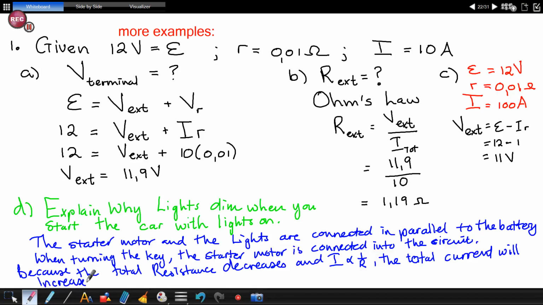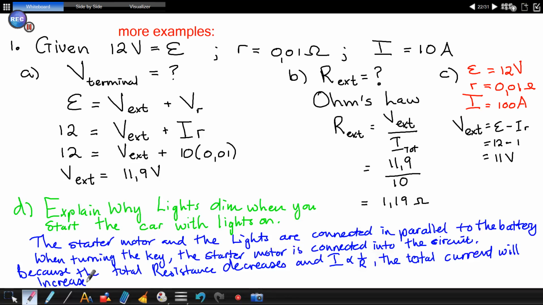So why are the lights dimming? If the total current is increasing, why are the lights dimming? Well, that's good because the current is split and shared. Remember that from this year on, you need to think of what the effect of internal resistance is.